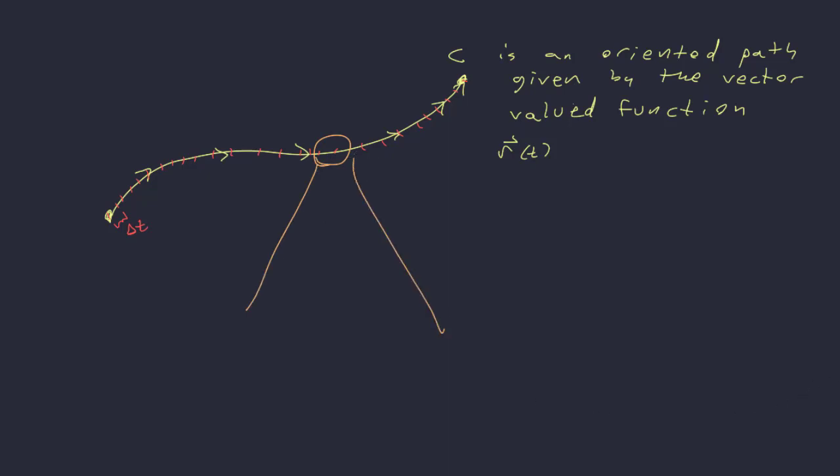So this point here might be r of t sub k, and this point here would be r of t sub k plus 1, but it would also specifically be r of t sub k plus delta t.